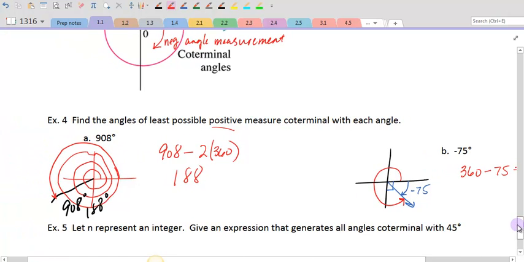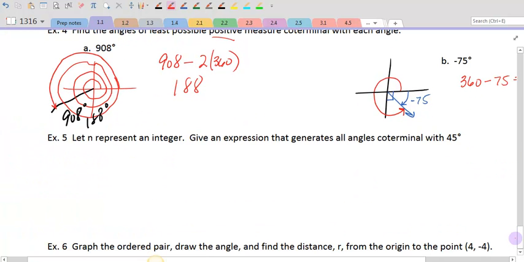So the next example we want to talk about is a little more obscure. This is kind of how many angles can we come up with in general. If we let n represent just some integer, remember integers are 1, 2, 3, 4, I want to give an expression that generates all angles coterminal with 45 degrees. So let's draw our picture. 45 degrees lays over here somewhere in quadrant 1.